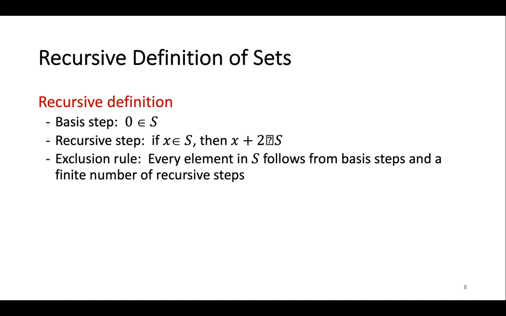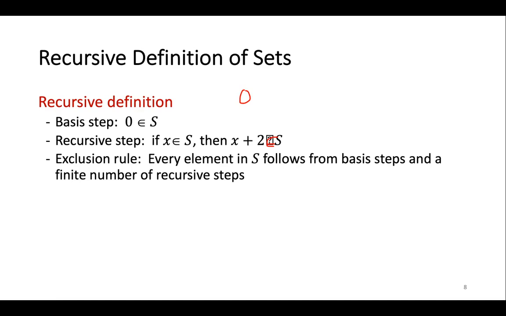So yeah, we can use this recursive definition to define a set. Okay, here we have the multiples of 2. So the starting point is 0, and if x is in the set, another member will be x plus 2.